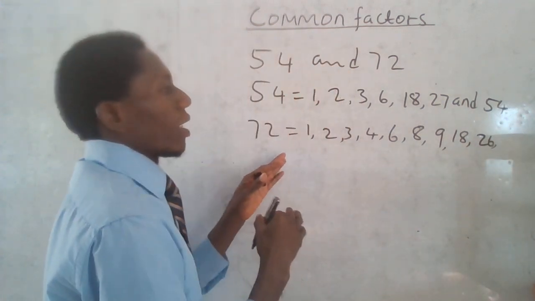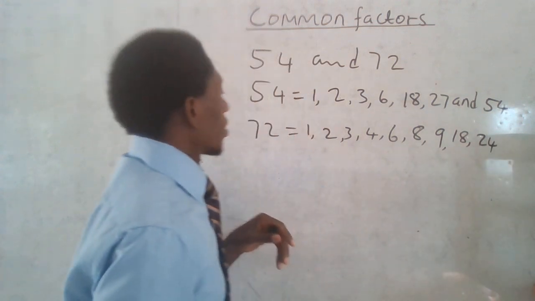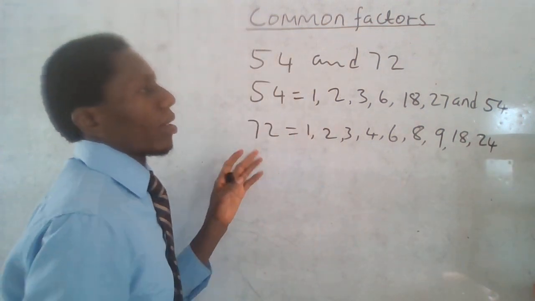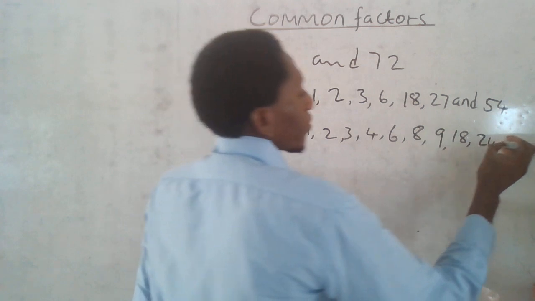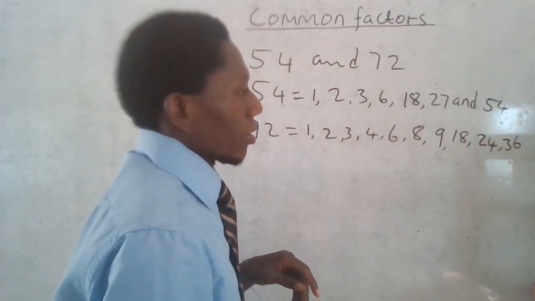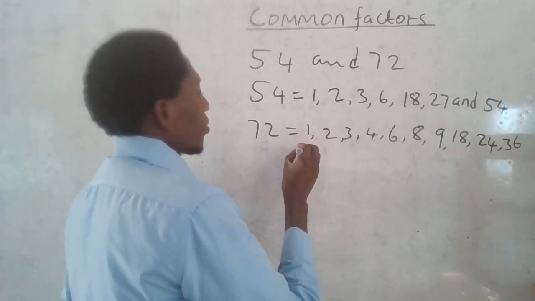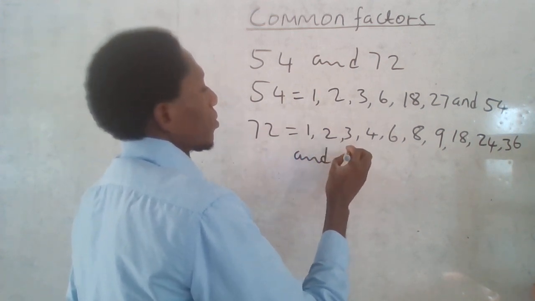Yes, 24 can go into 72 without a remainder. And we also have 36, and then 72 by itself.